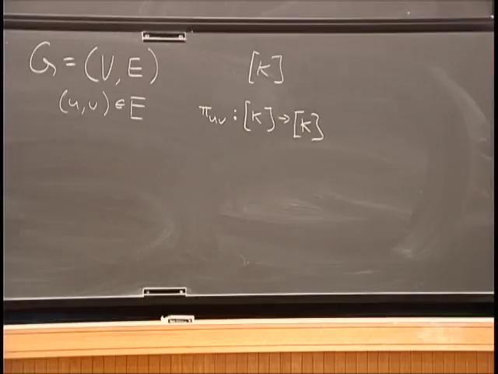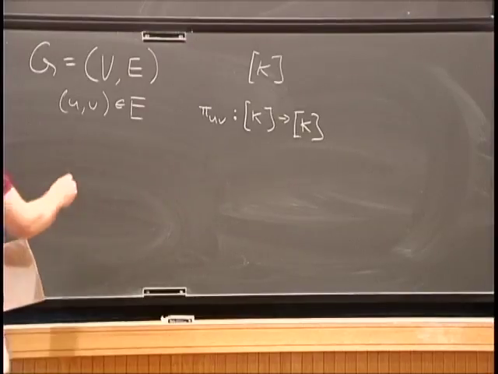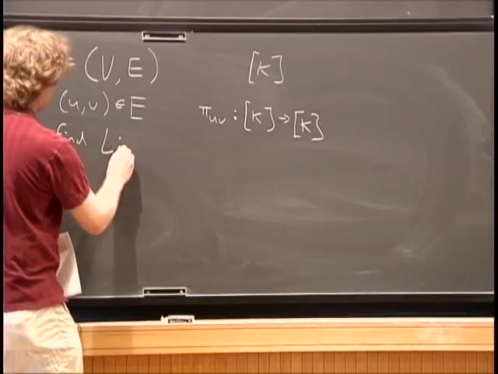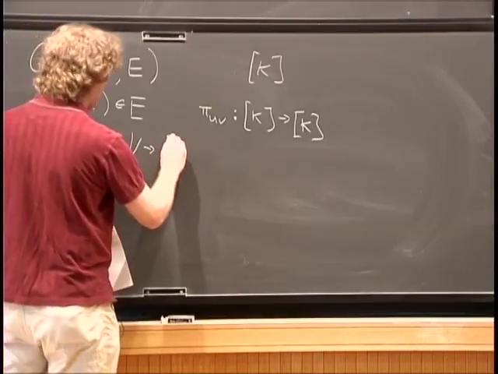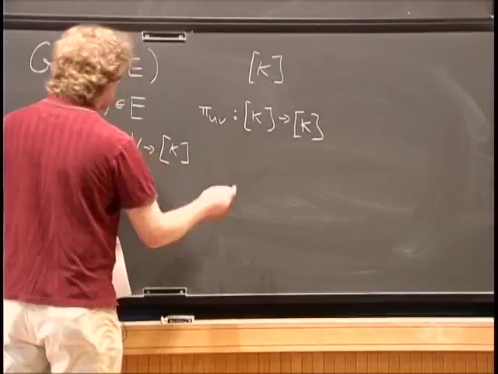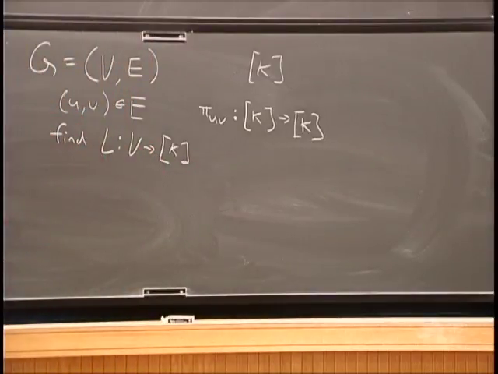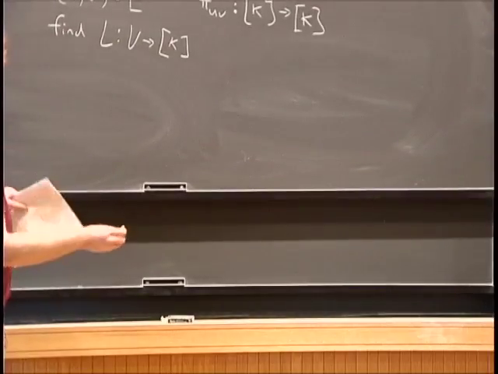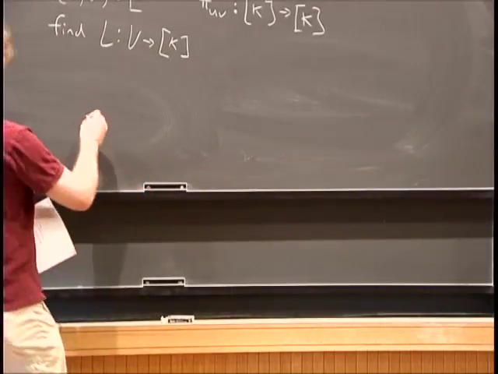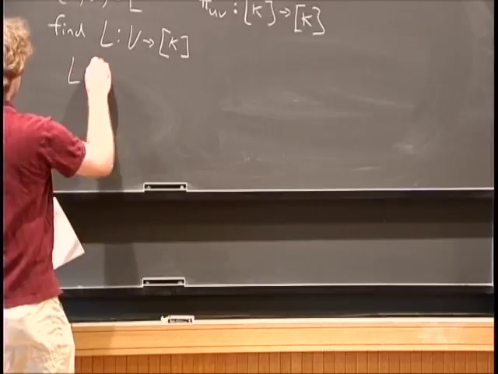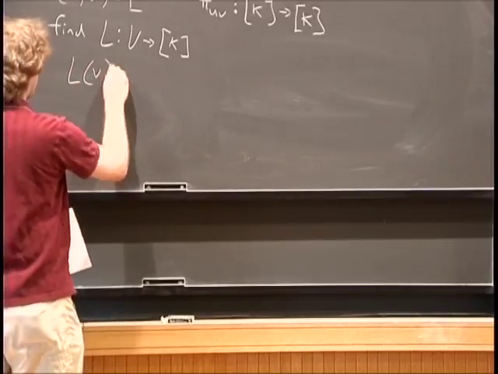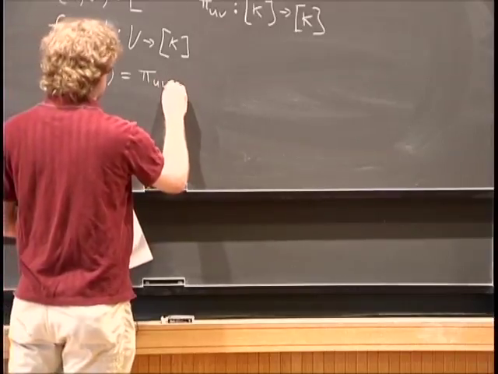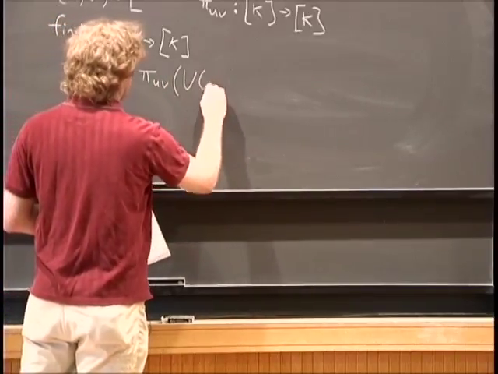And the goal is to come up with some labeling for the graph, so a mapping from vertices to labels, to satisfy as many edges as we can. And we say an edge uv is satisfied if the label for v equals the permutation on the edge of the label for u.